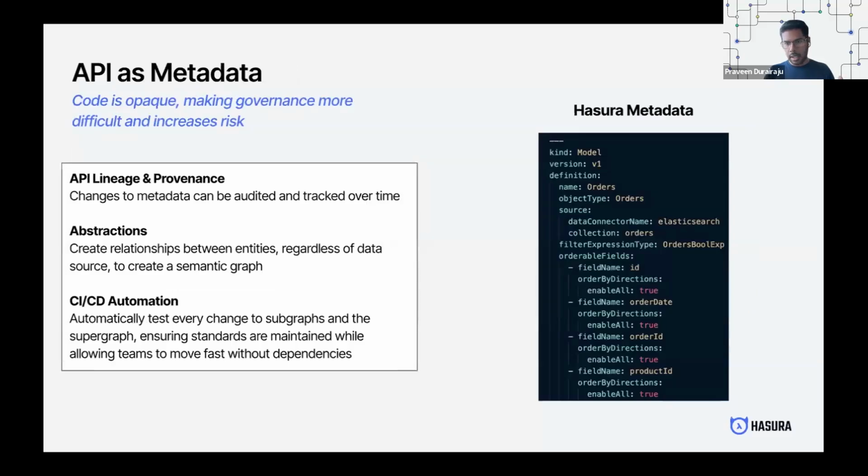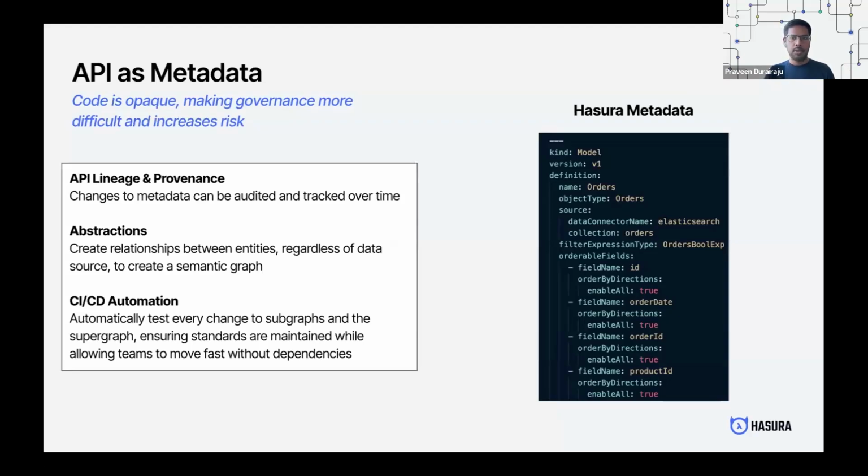And again, there's an example here on the right, which represents a model in Elasticsearch. You have an orders index in Elasticsearch with a bunch of fields. And this is Hasura metadata for you, which tracks this model. And you can look at orders here with a bunch of fields like ID, date, order ID, and product IDs.